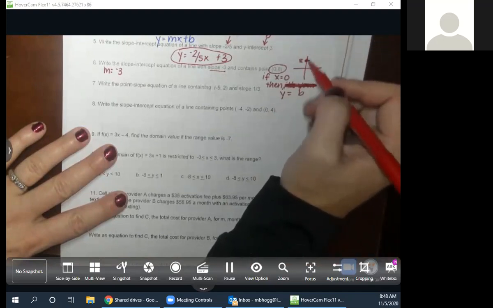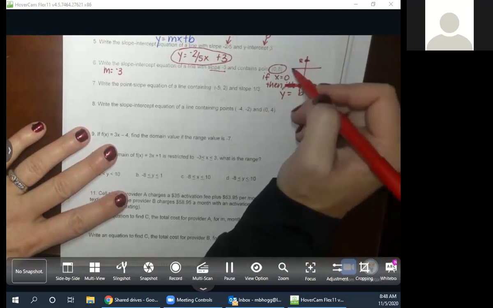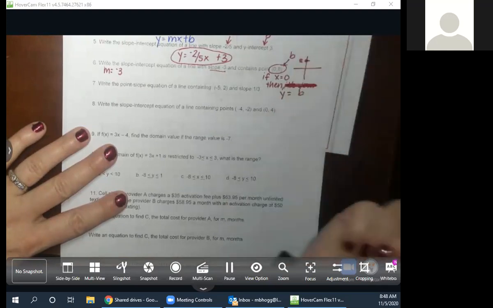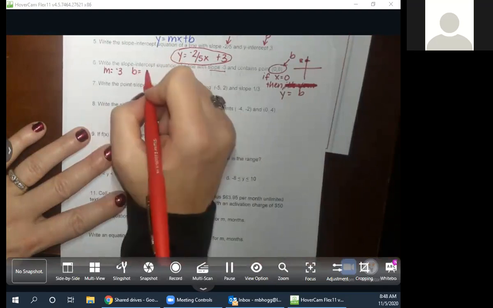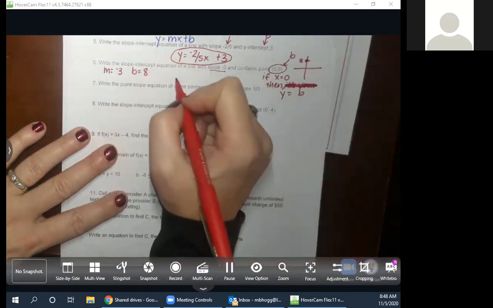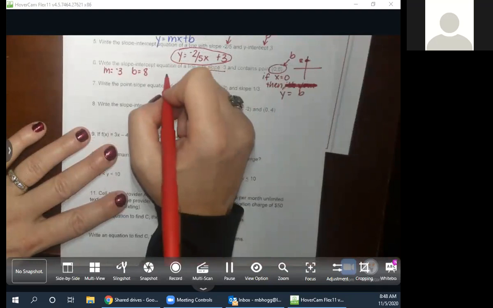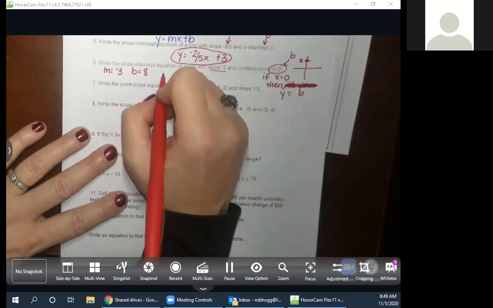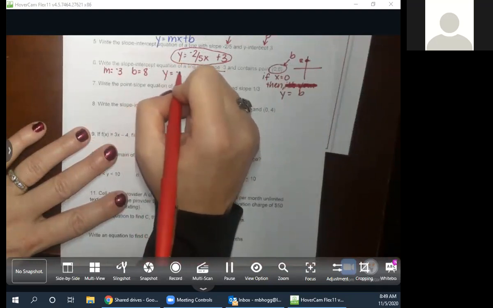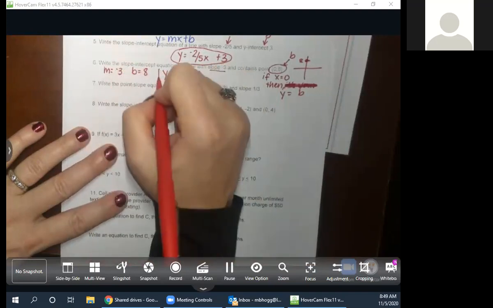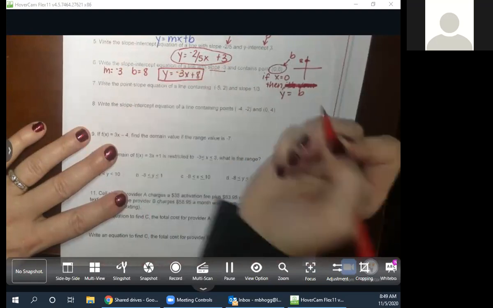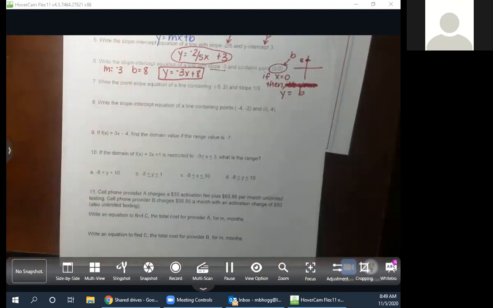That's on the y-intercept. When the x is 0, whatever your y is, that's your b. So now it's super easy. You don't have to do the slope-intercept form or the point-slope form, you just say y equals negative 3x, because that's your slope, plus 8. Good job.